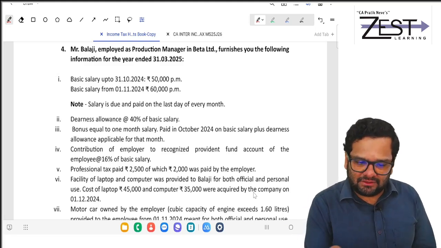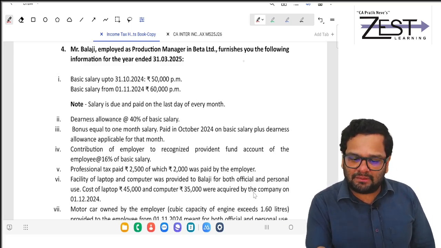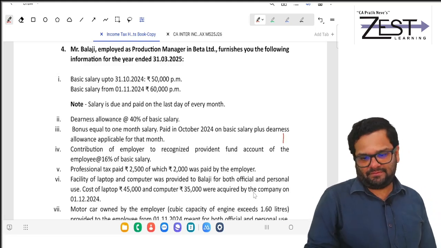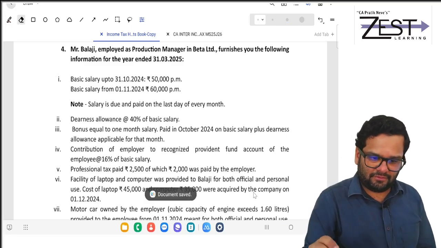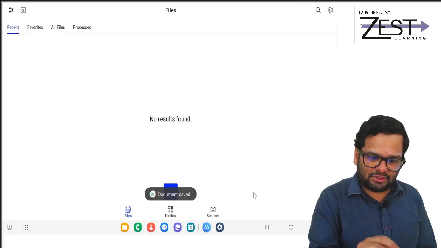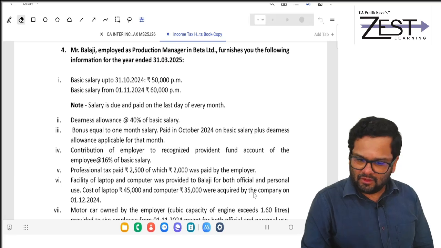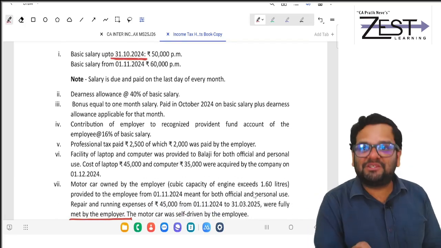Mr. Balaji, employed as production manager in Beta Limited, furnishes you the following information for the year ended 31st March 25. Pay attention and take it as your question. What is the basic salary? Up to this date means for how many months?